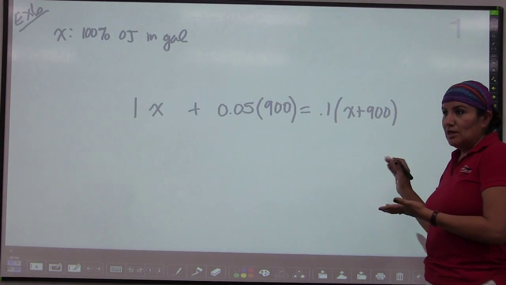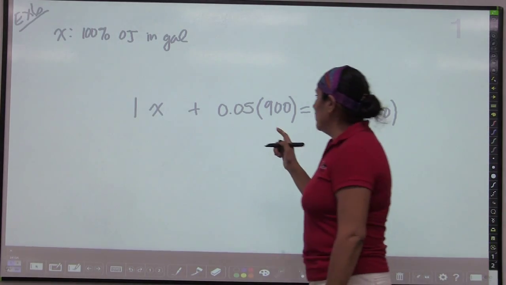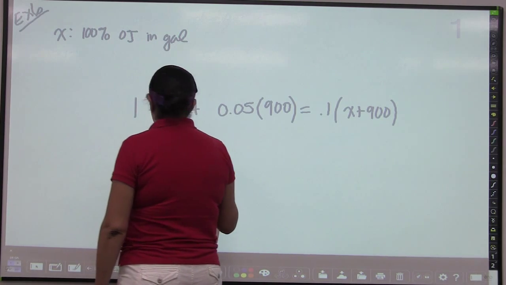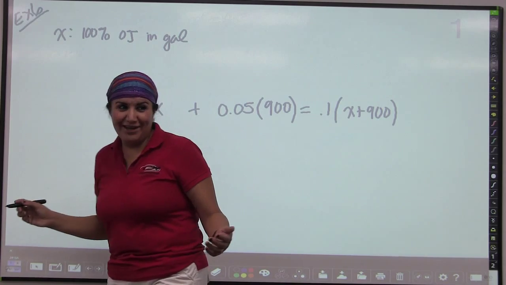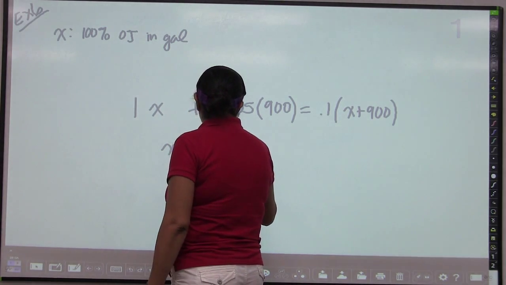So there we go. Now can we solve this? Probably fairly easily. All right, what is 900 times 0.05? Do you have a calculator? 45.